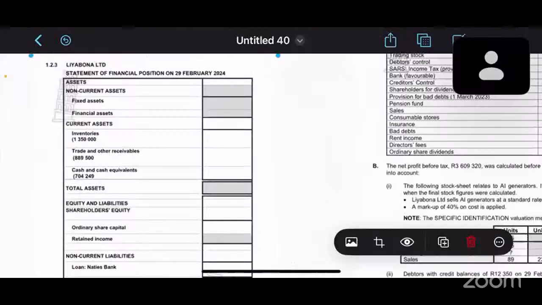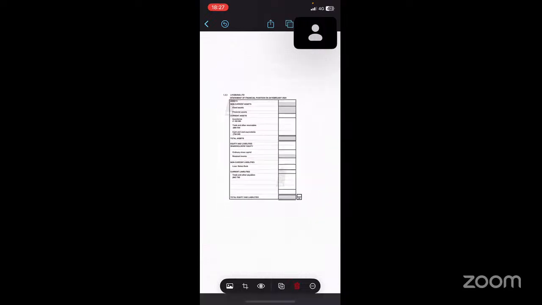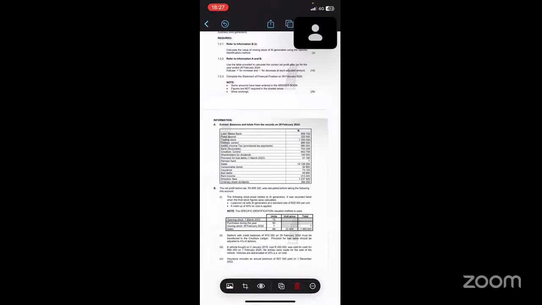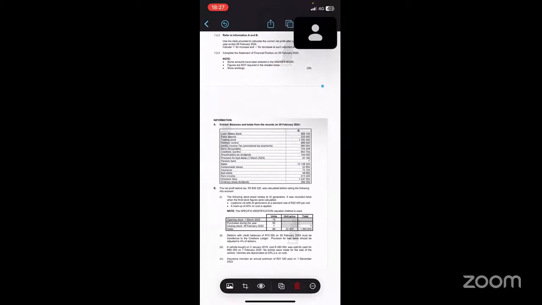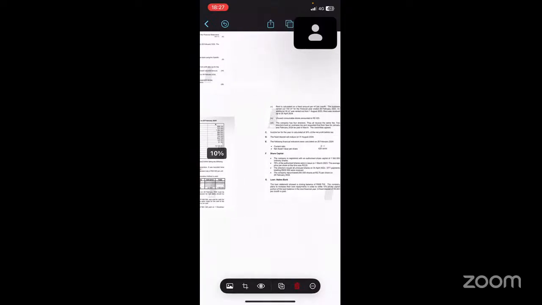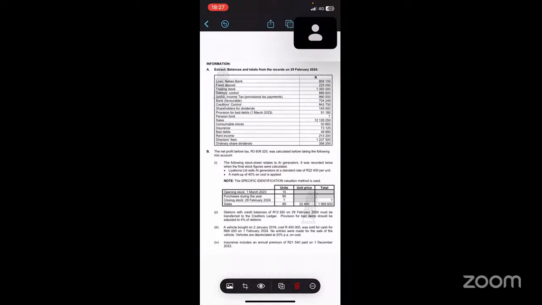We have inventories, and for inventories, we're going to check in the adjustments if there's anything that has to do with inventory. So I'm just gonna zoom in here. So this is no longer important, but this is going to be important, and this one over here. Okay. So anything that has to do with inventory here.